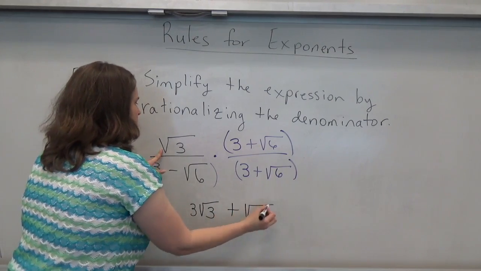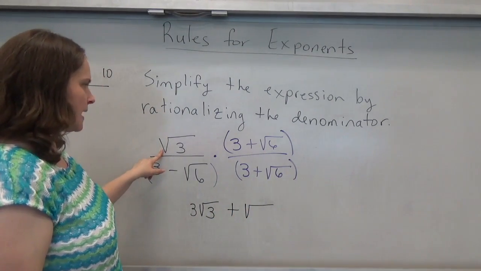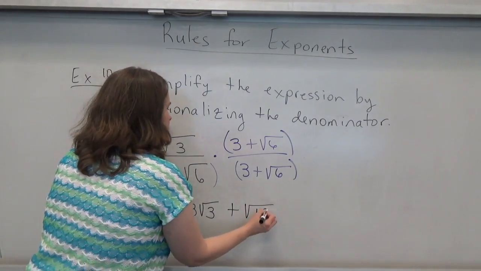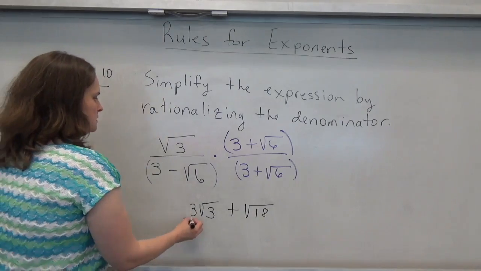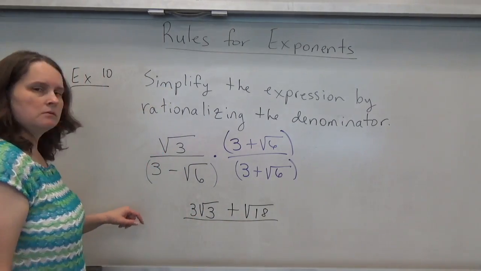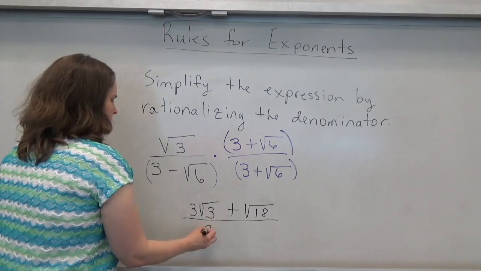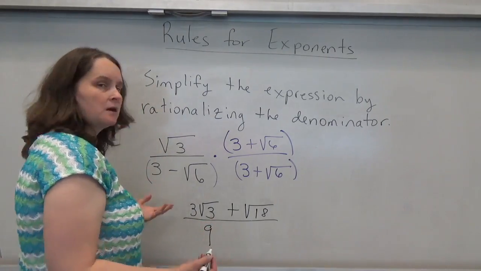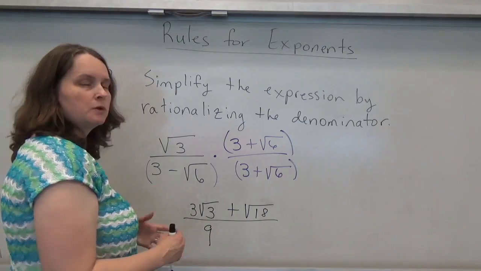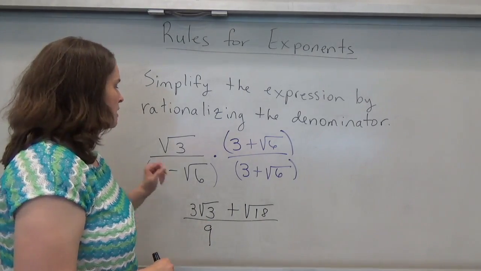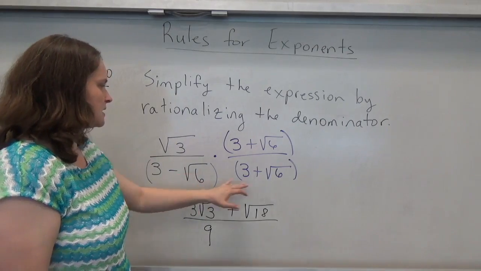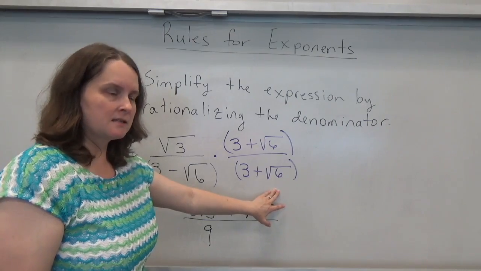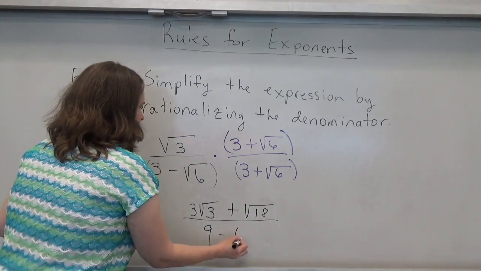The product rule for radicals tells me I can combine these into the same radical, so it's going to be the square root of 18, multiplying 3 and 6. In my denominator, 3 times 3 is 9. You can FOIL this out if you need to, but we know because these are conjugates, the middle terms will cancel out for us. So all we have to do is look at the square root of 6 and the square root of 6. Multiplying those together gives us 6. So minus 6.